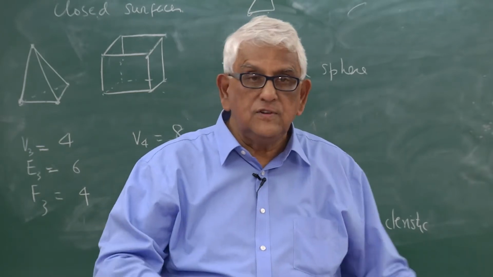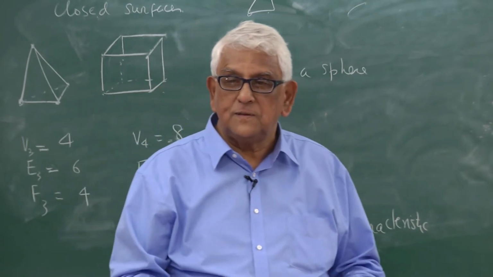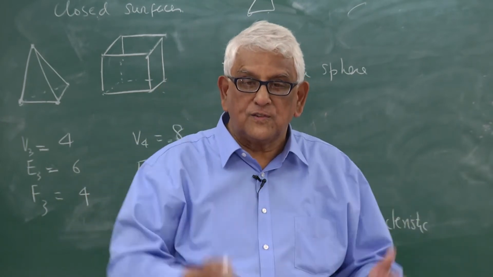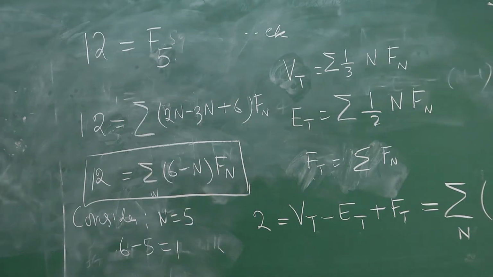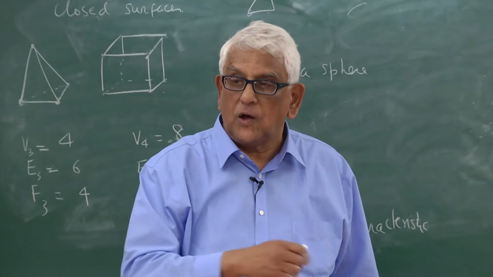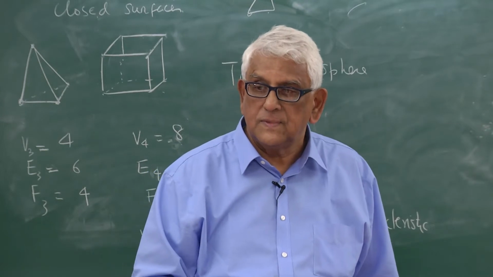And the reason for the 12 is because of this constraint which comes from rubber sheeted geometry. The geometry in which you can continuously deform is called rubber sheeted geometry, and that is topology. It is called topology. Okay.